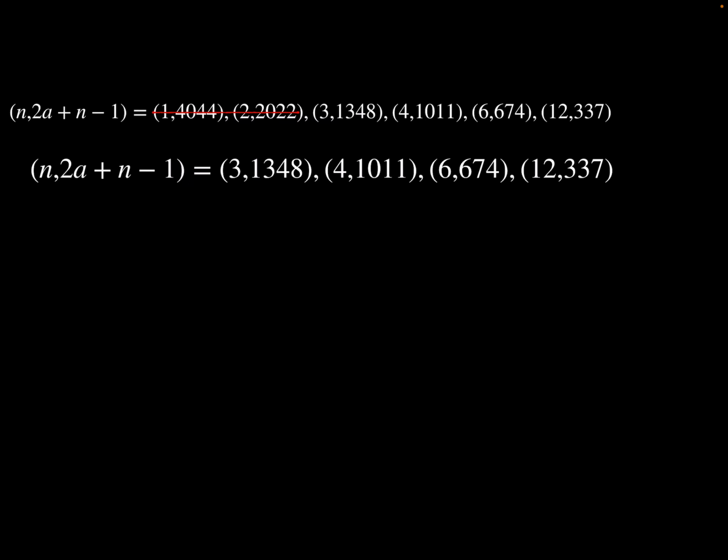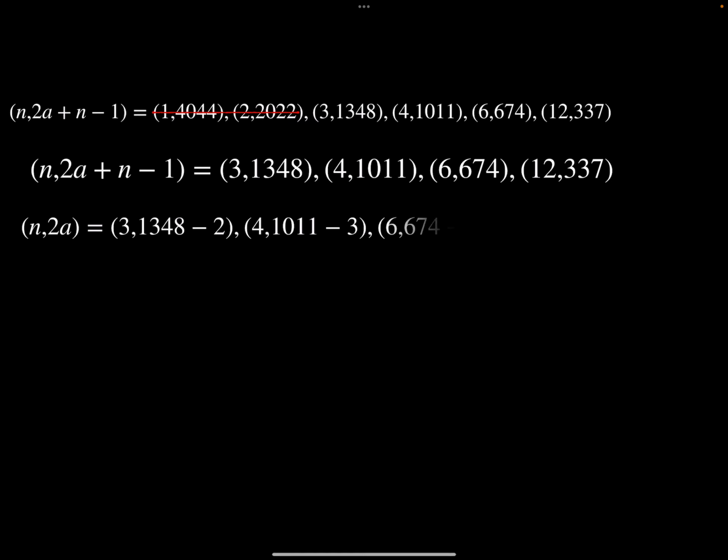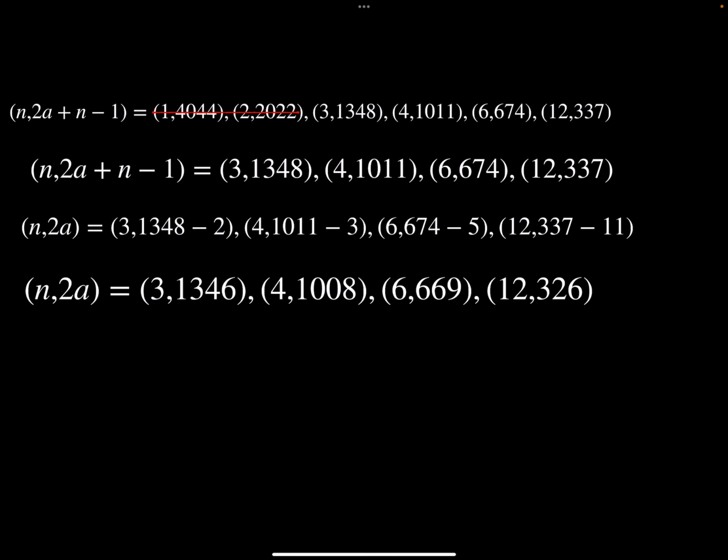For instance, for the first ordered pair, n is equal to 3, so n minus 1 will be 2. So we want to subtract 2 from 1348, and so on. If we do that, and after simplifying, we get that 2a admits the following values.